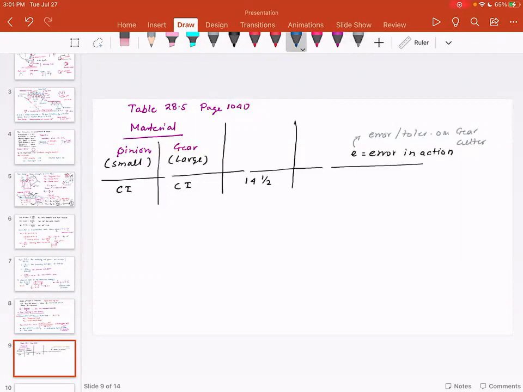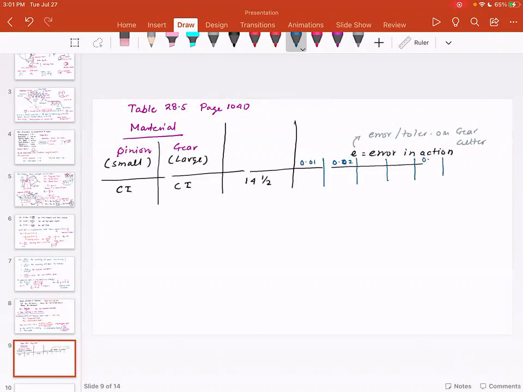the error could be 0.01, it could be 0.02 in millimeters, all the way to 0.08.